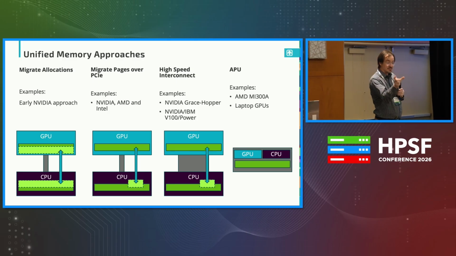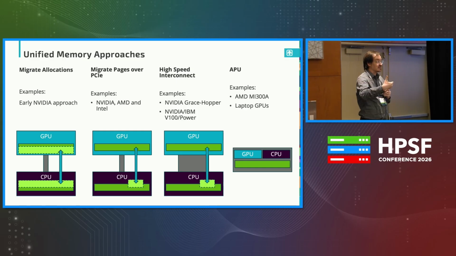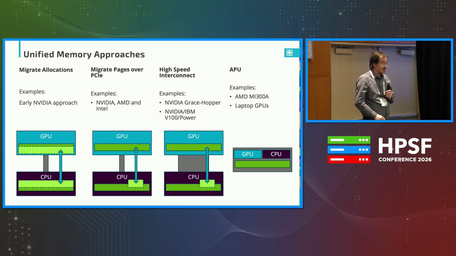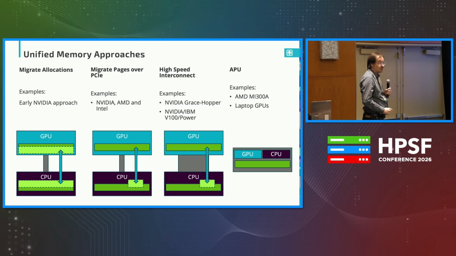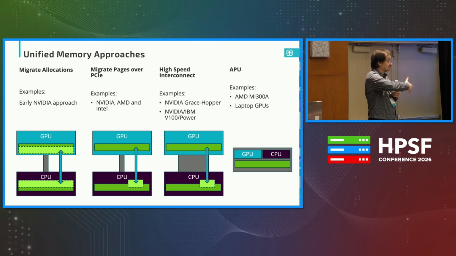Your allocation existed on the host and on the GPU, and depending on where you access it, the driver would migrate the entire allocation potentially. So you access one double, and it moves your entire 2 GB allocation back and forth. That first access would be really, really slow, but afterwards it's fine, because you moved the entire thing.